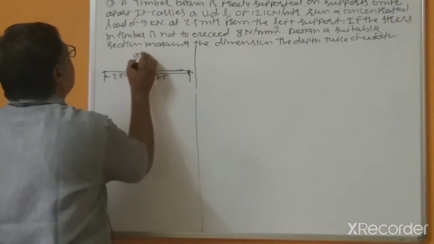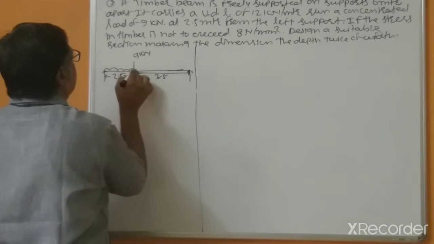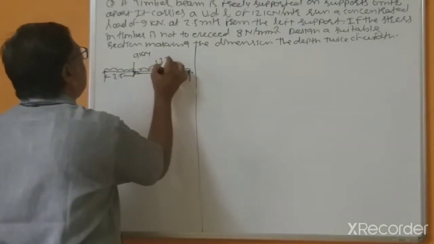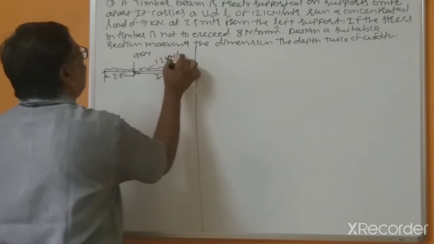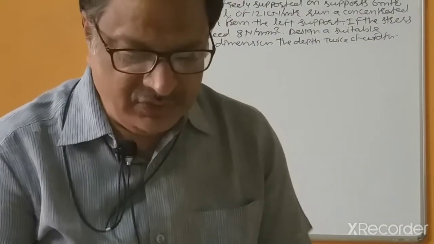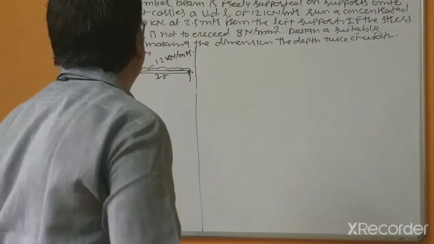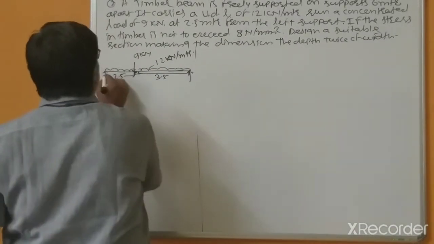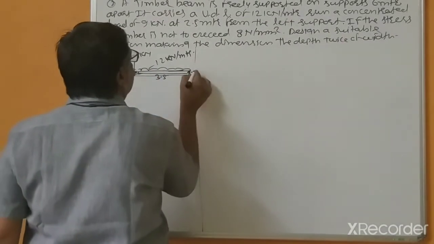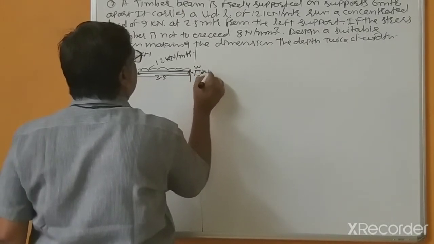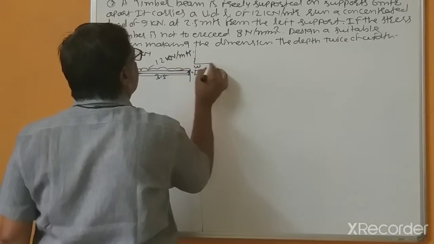Nine kilonewton. This is 12 kilonewton per meter. So first we have to calculate this. This depth, this is width, and depth equal to 2 times width.